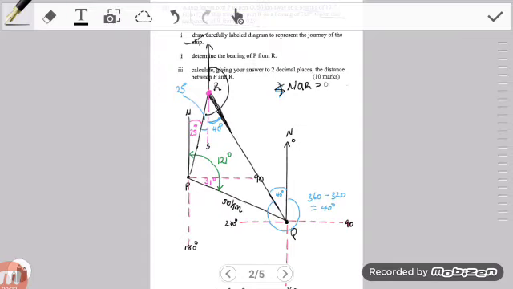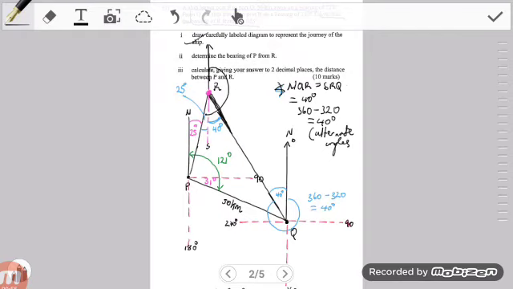And that 40 degrees was established simply by taking the bearing of 320 from the full complete revolution, and that is how we got the 40 degrees there. And the reason why they're equal is that, again, they are alternate angles.